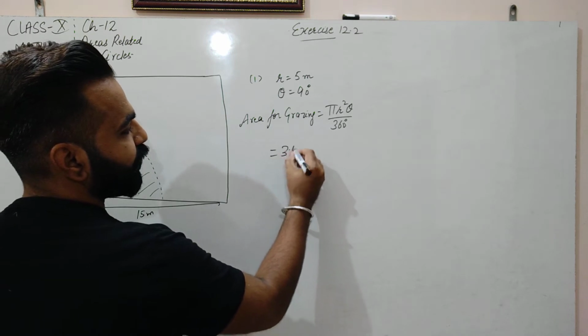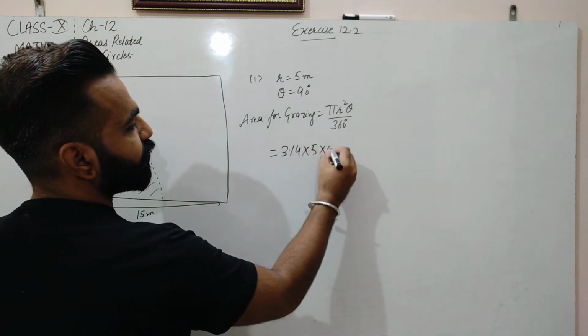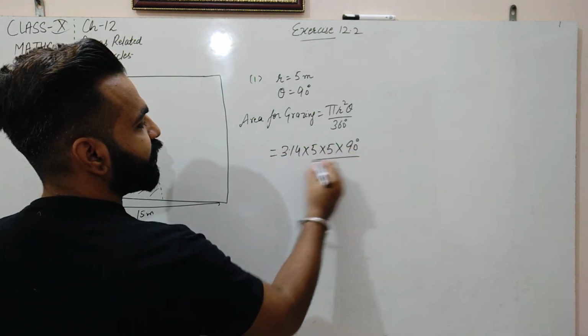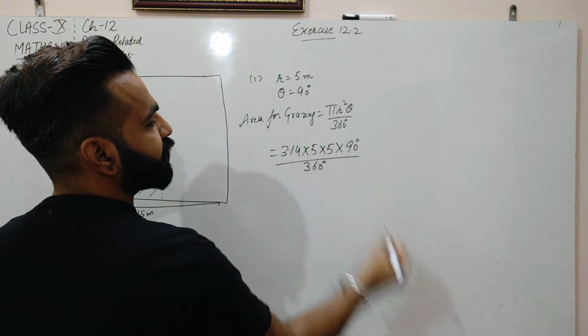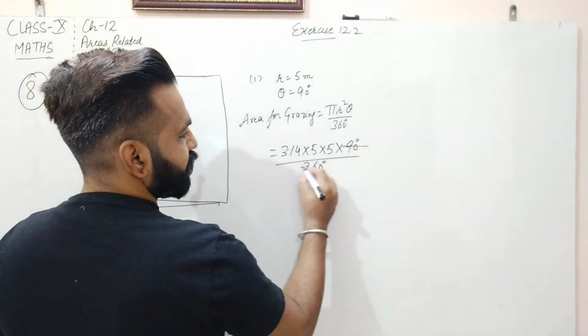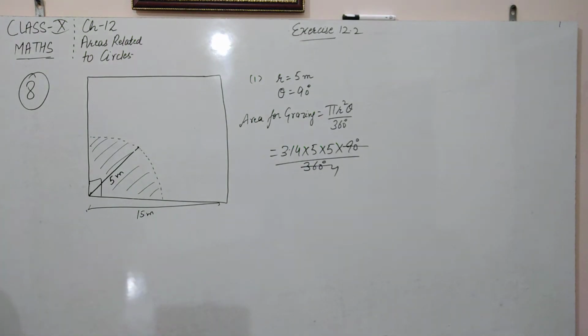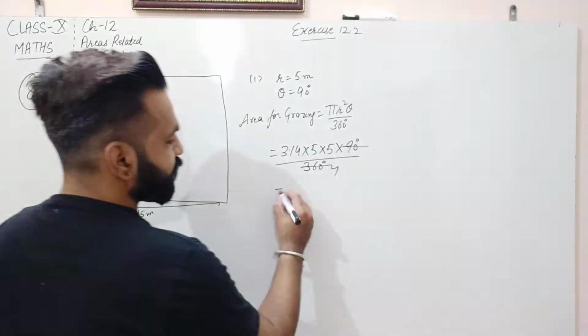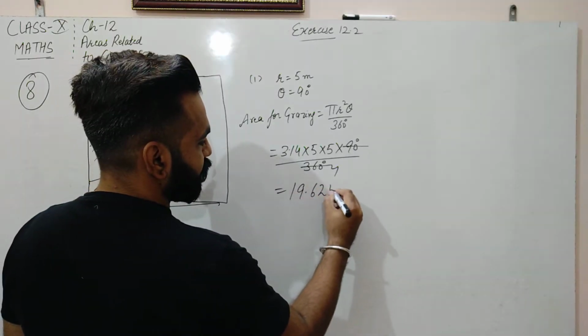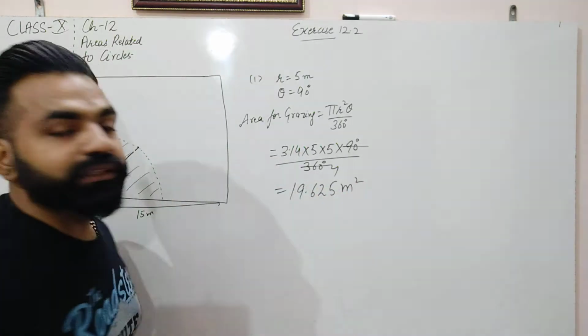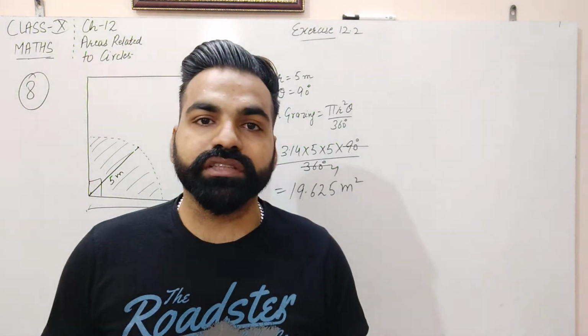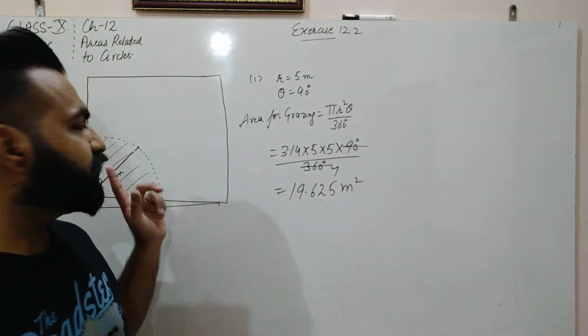This will be 3.14 into 5 into 5, theta is 90 divided by 360. This will be 1 by 4. And the answer on simplifying will be 19.625 meter square.